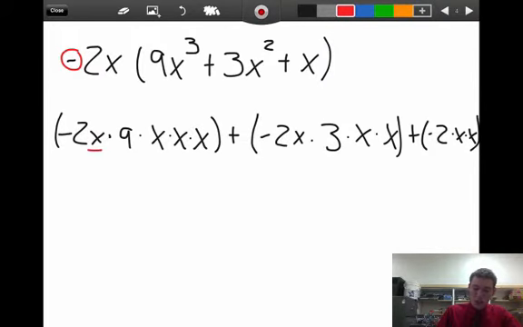You see here we have 1, 2, 3, 4 x's. And negative 2 times 9 is negative 18. So we end up with negative 18x to the fourth.